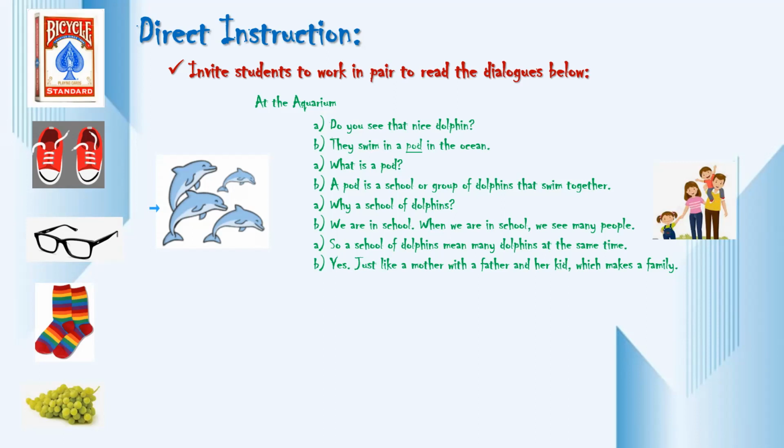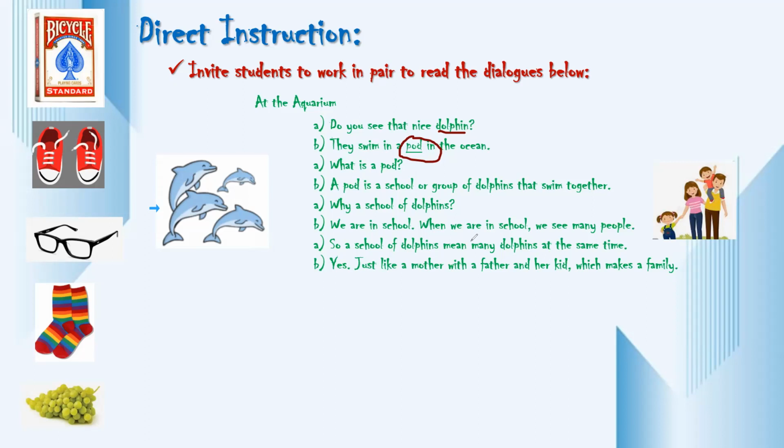dialogue. The dialogue talks about dolphins and how they swim together in a group called a pod. Instead of saying a group of dolphins, we can use the word pod.